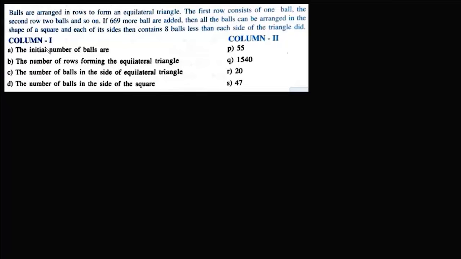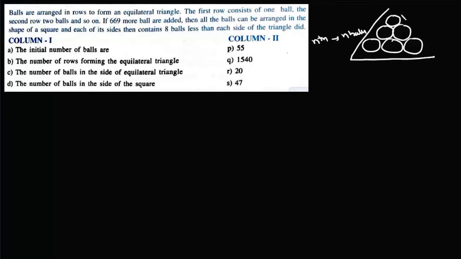Now here the question is, the balls are arranged in rows to form an equilateral triangle. The first row contains 1 ball, second row contains 2 balls, the third row 3 balls, and so on and so forth. So for any nth row will contain n balls. Now here we have formed an equilateral triangle.